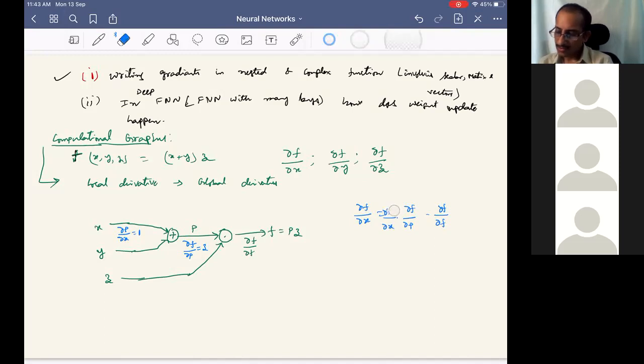So what is the answer now? Is this correct? Dou f by dou x is nothing but z. Is this correct or not?